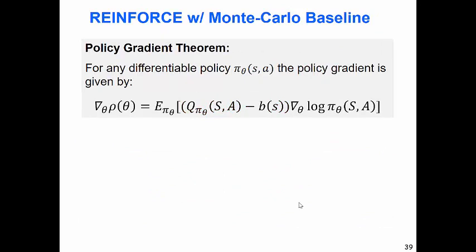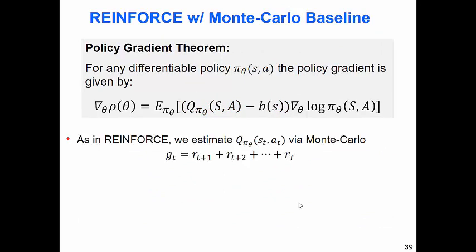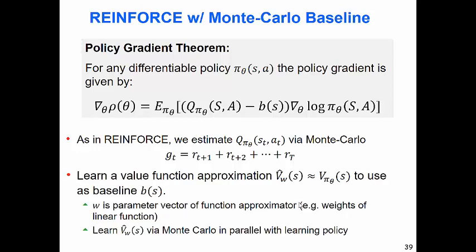So this is the policy gradient theorem, and we can modify REINFORCE so it uses a baseline. This was done way back in the early 90s, and we still have our Q estimate based on that.